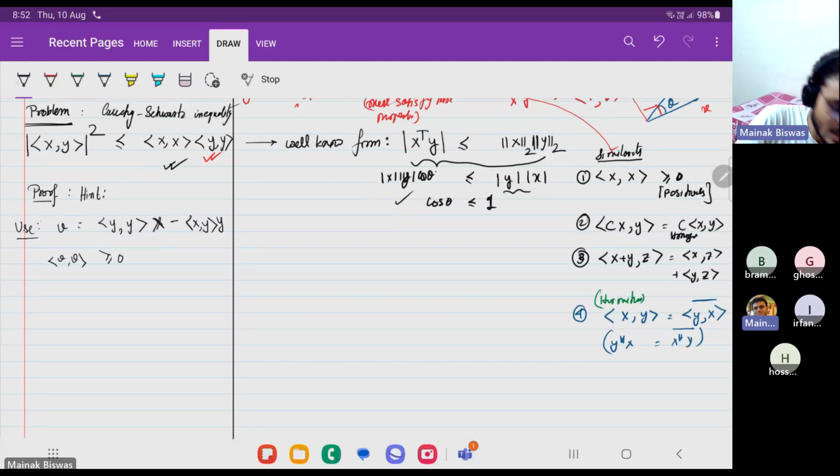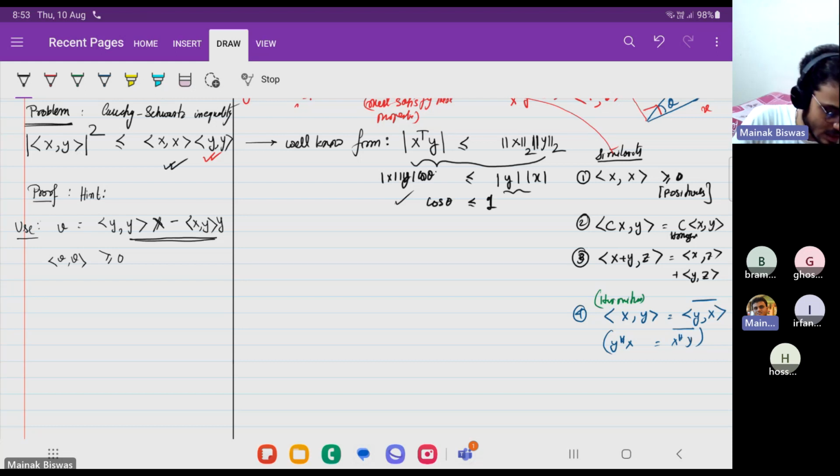So here I have given you a hint. Take V equal to the inner product of y and x, times y, minus the inner product of x and y, times y. So this is the hint. Don't think it is found by hit and trial. Don't think about how we got it, because it comes just by calculating and rearranging terms.